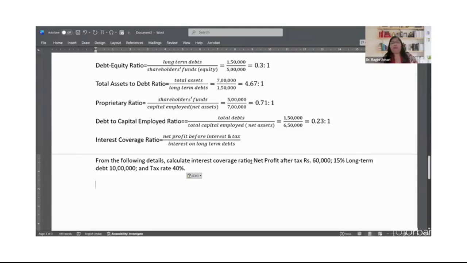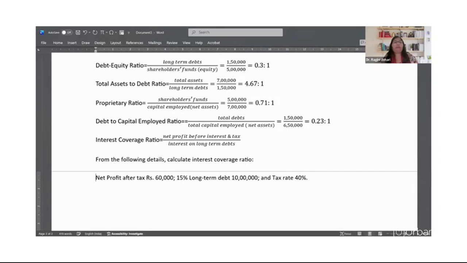The information that we have here is that net profit after tax is 60,000. Then there is 15% long-term debt of 10 lakh, and the tax rate is 40%. We need to calculate this interest coverage ratio.